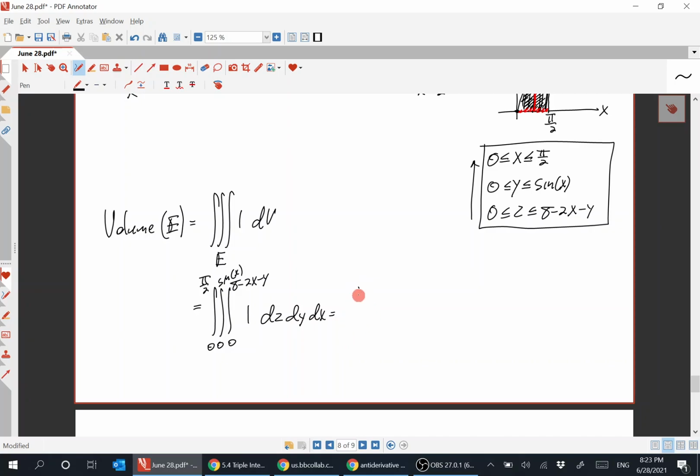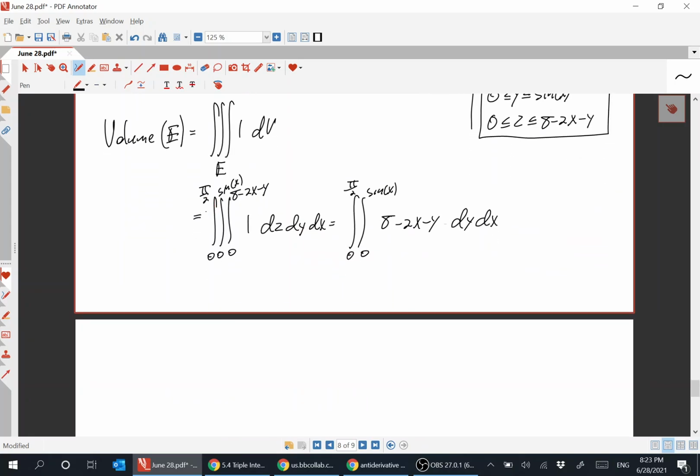The antiderivative of 1 is z, so you just get 8 minus 2x minus y minus 0. We don't have to worry about that. dy dx, right? So it's just a double integral of the difference of the boundaries on z.